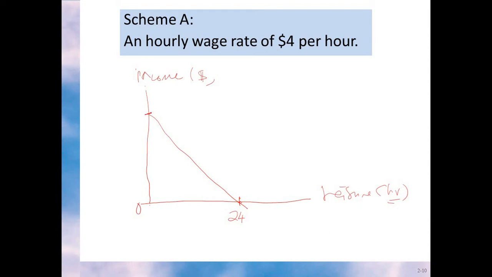Here is the maximum income that this person can earn given the wage rate of $4 per hour, meaning you are working 24 hours. So how do we find the value here? You just multiply 24 times 4, which is 96. So this is the vertical intercept.